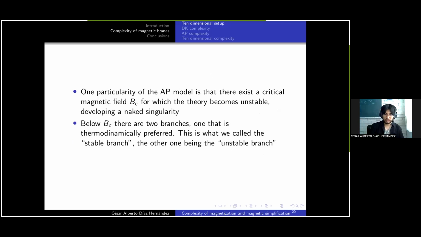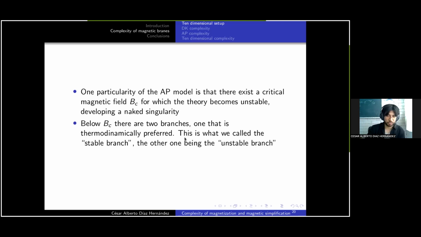One particularity of the AP model is that there exists a critical magnetic field for which the theory becomes unstable. It starts to develop a naked singularity. So below this magnetic field, where the solution is still stable, we can find two branches of our solution.